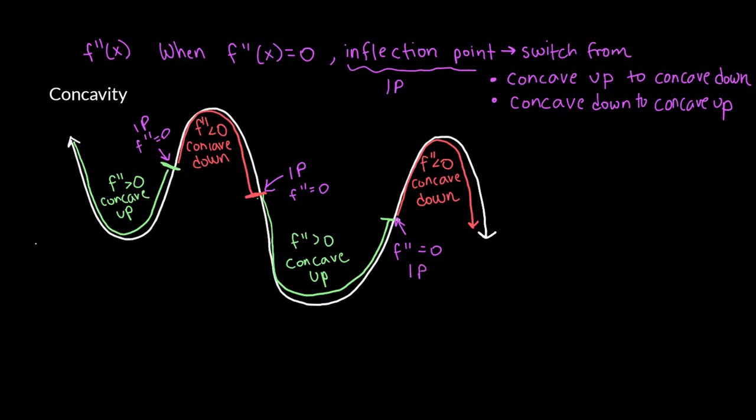Okay, and we see that at those inflection points, the graph is either switching from concave up to concave down, or from concave down to concave up.